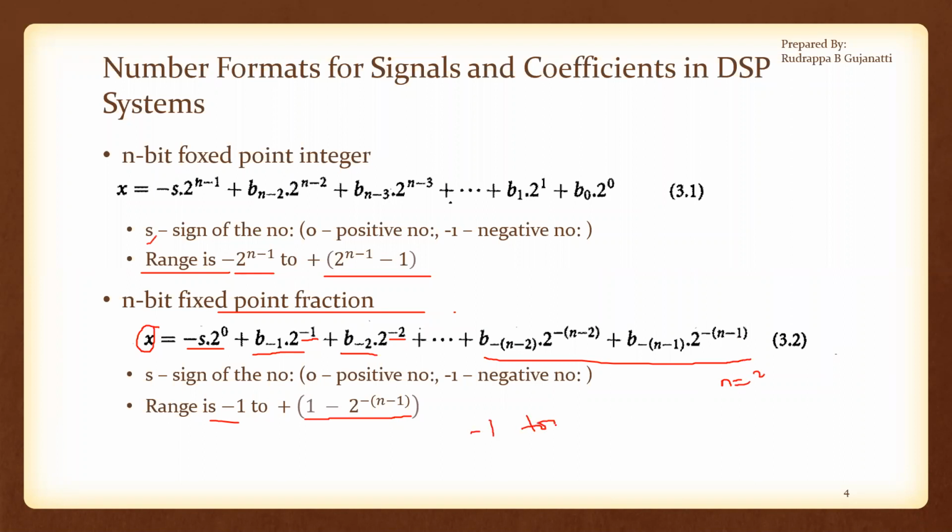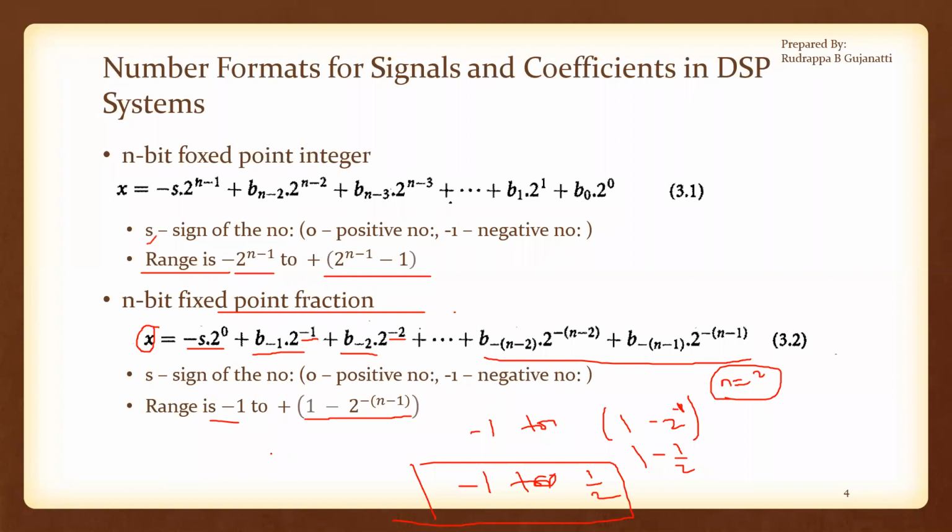It will be minus 1 to 1 minus 2 raised to minus 1. That is 1 minus 1 by 2. So in this case, it will be minus 1 to 1 half, that is 0.5. So you'll be able to represent it in that form.